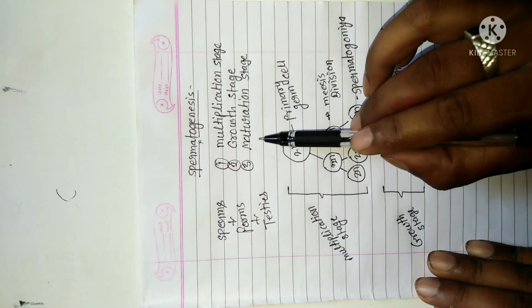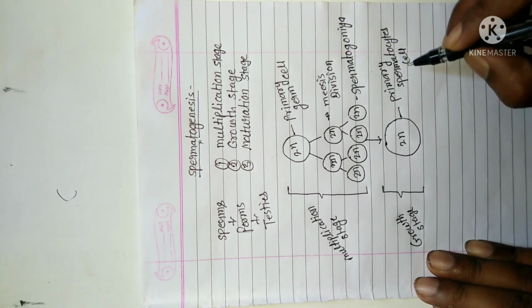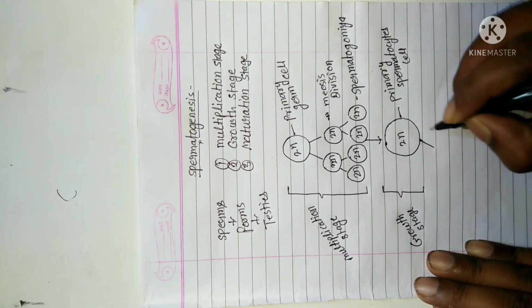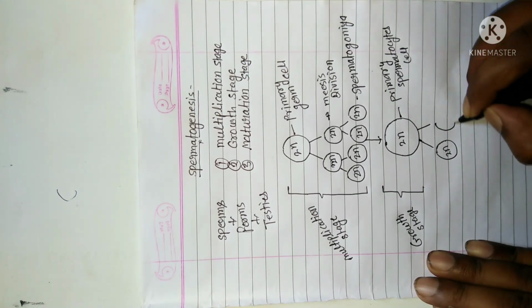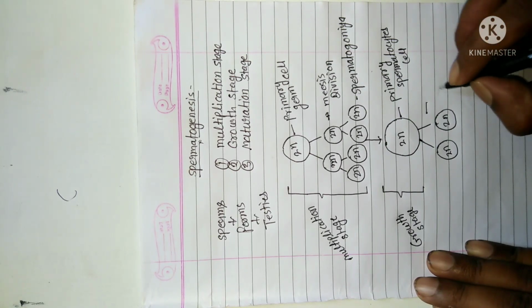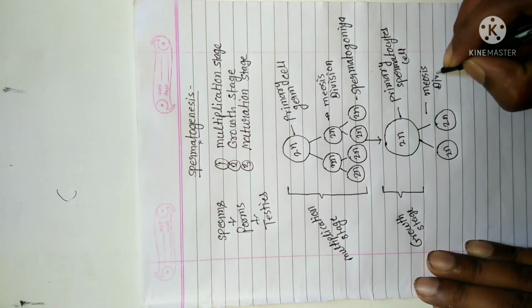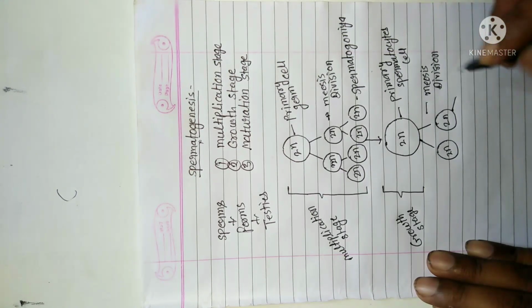Next stage starts, maturation stage. From here, in maturation stage, primary spermatocyte cell divides by the meiosis division and forms a new cell which is called secondary spermatocyte cell.